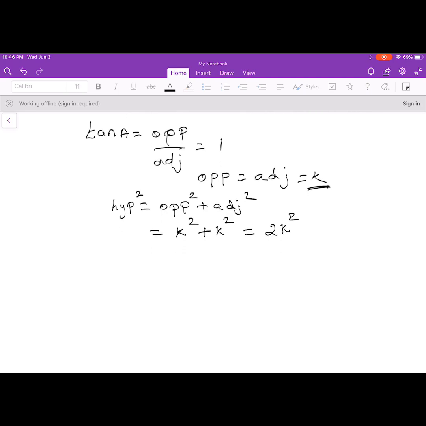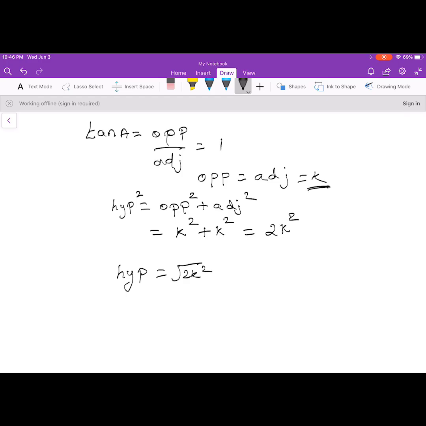So hypotenuse is root of 2K square, that is equal to root 2 K. So my hypotenuse is root 2 K. My opposite is K. I don't know what the value of K is. Adjacent can be any number. Adjacent is K and hypotenuse is root 2 K.